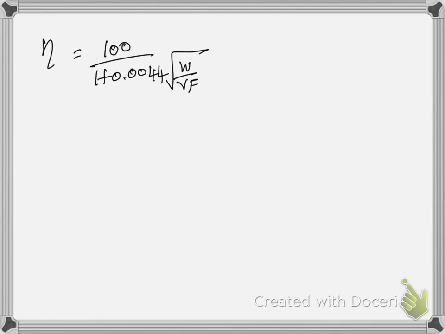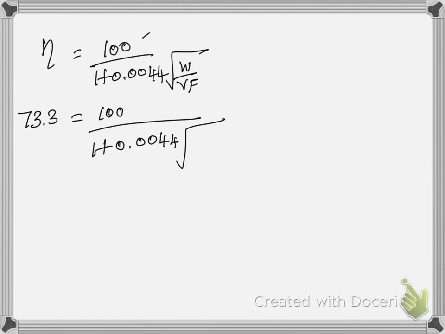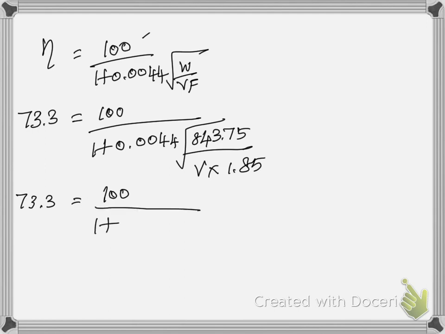Here the efficiency is 73.3, so you don't have to convert it into 0.733, just keep it as such, since we are putting 100 in the formula. So 73.3 is equal to 100 divided by 1 plus 0.0044 root of W, your BOD entering, that is 843.75, divided by V into the recirculation factor we have got, 1.85. Now we are going to do all this conversion: 73.3 is equal to 100 divided by 1 plus 0.0044, and I am dividing 843.75 by 1.85.